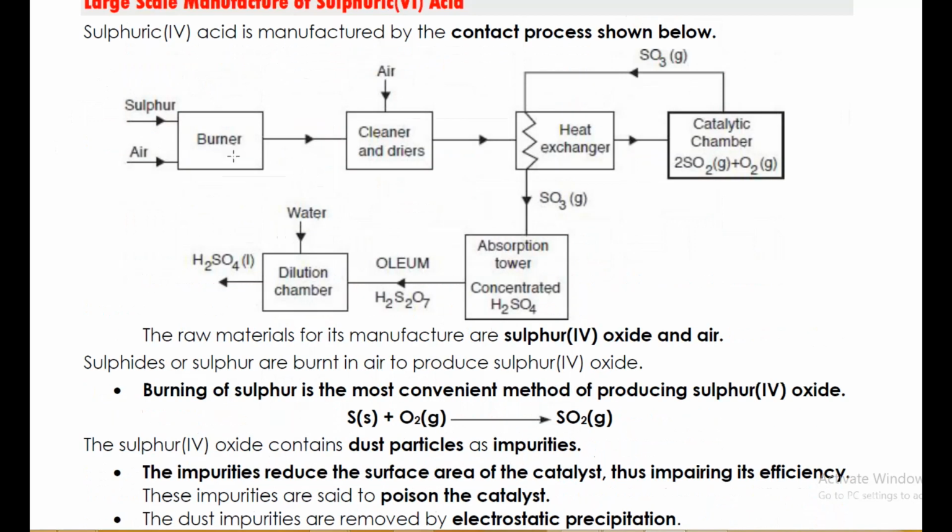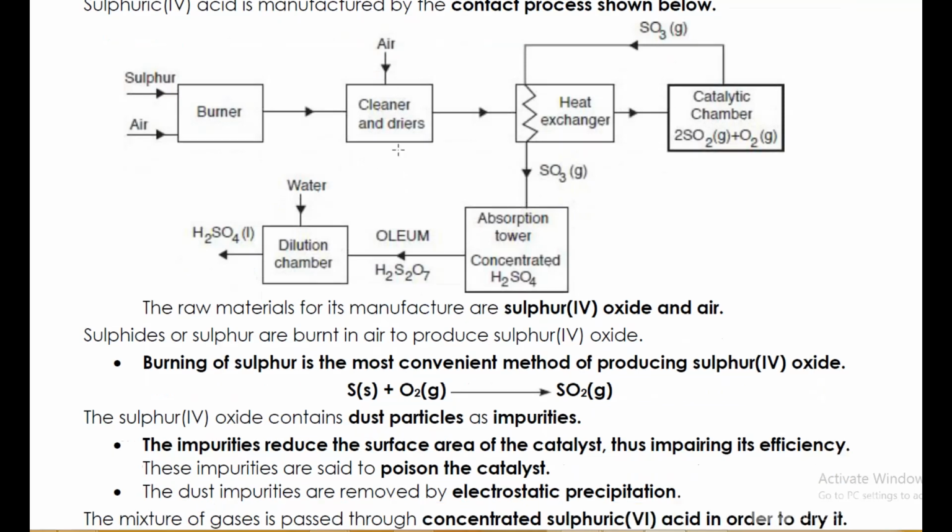Now these are not taken to the purifier first, but they are burned. So after burning, they form sulfur 4. Here now sulfur 4 is formed. And now sulfur 4 is the one that is taken to the cleaner and the dryer. Cleaning meaning purification, and then the air is being dried.